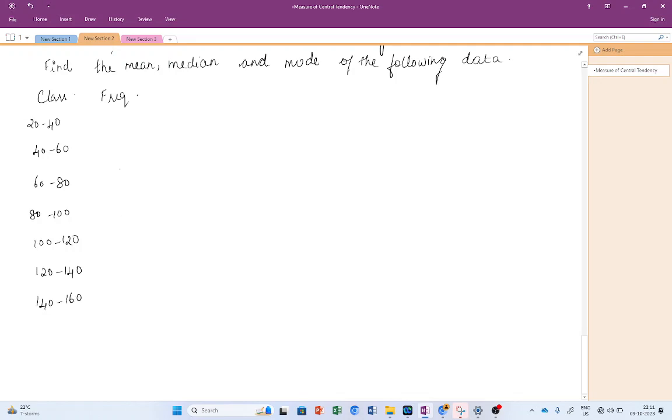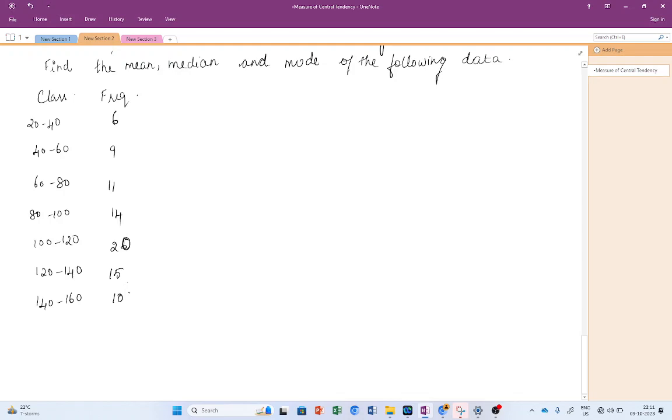Okay, so the frequencies are, for 20 to 40 it is 6, then 9, 11, 14, 26, 20, 14, 20, 15 and 10.